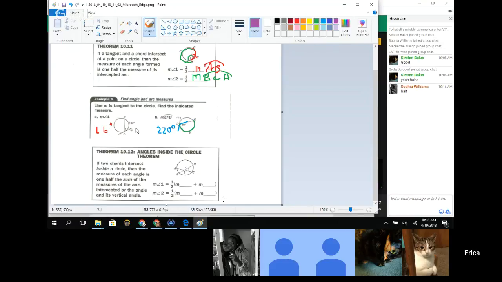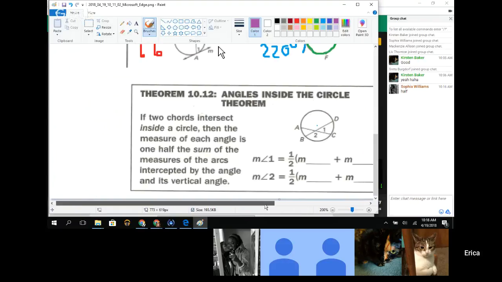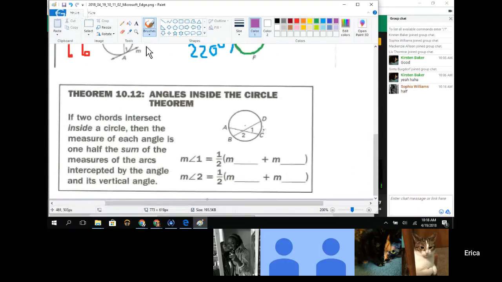I think it's helpful to look at this. I might make this a little bigger. All right, so the measure of angle 1, you can see angle 1 is right here. The measure of angle 1 is equal to 1/2 times the measure of arc AB plus arc DC.